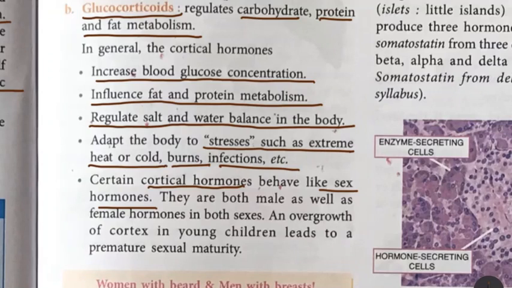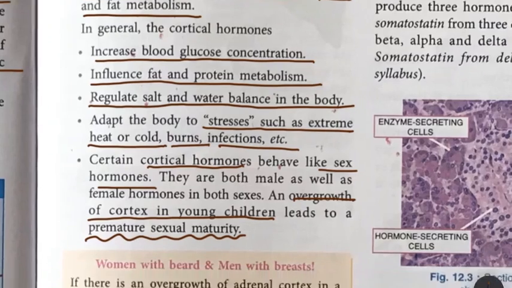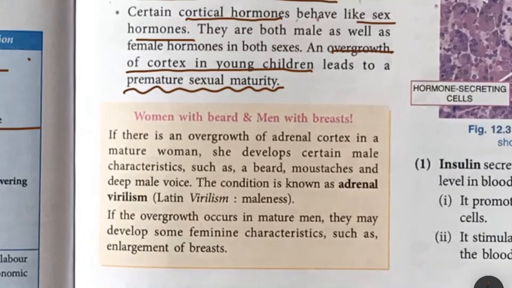So in case there is an overgrowth of the cortex when a child is young, it leads to premature sexual maturity. That is, a very small girl child may start her menstruation early. Okay, so there is premature sexual maturity. Now you must have seen an interesting fact: women with beard and men with breasts.